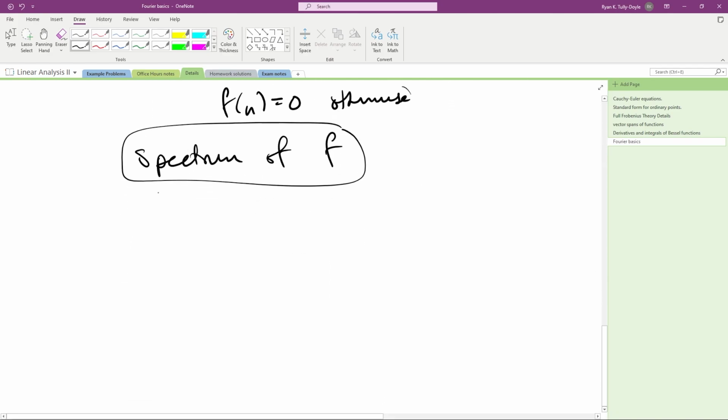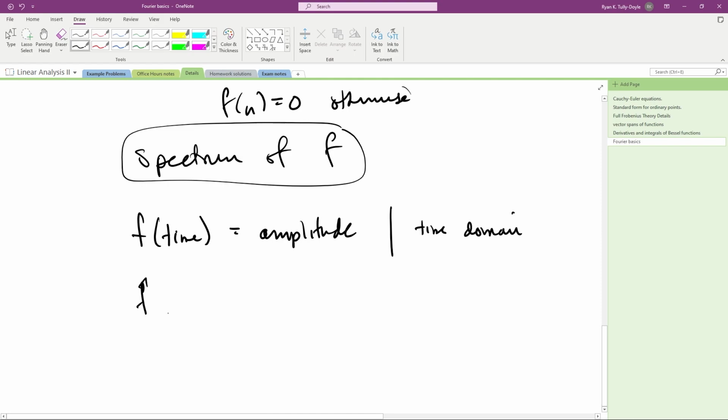I should point out here that f takes in a time and spits out an amplitude. So f is called a function in the time domain. F hat takes in a frequency and spits out a Fourier coefficient. So f hat is a function in the frequency domain.